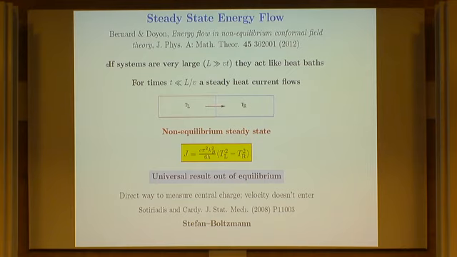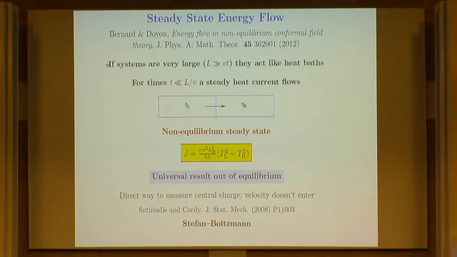Okay? So as I said, what they showed is that you get this nice non-equilibrium steady state, which is proportional to T left squared minus T right squared, with a coefficient that is completely universal and doesn't depend on any microscopic detail. Okay? For those of you that have done finite size scaling in the old days before people started looking at entanglement entropy, usually you would extract the finite size corrections to the ground state energy and extract the central charge.